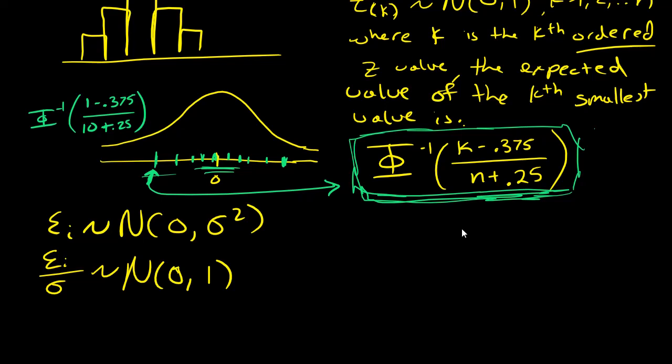So theoretically, if you were to plot, a lot of times these are called just z, if I were to plot z on my x-axis, and then epsilon divided by sigma.